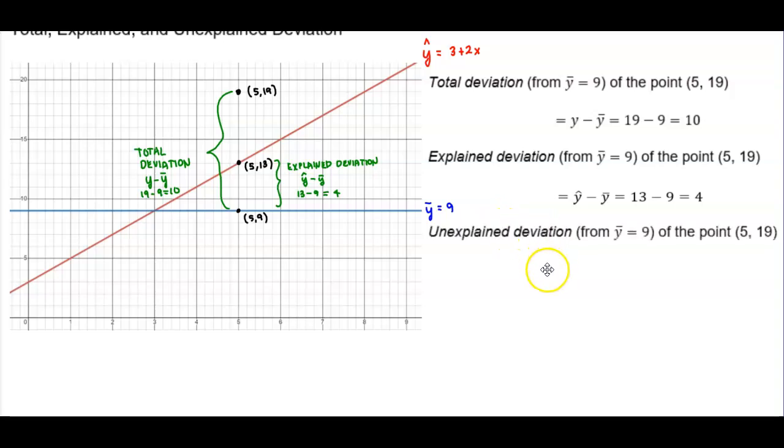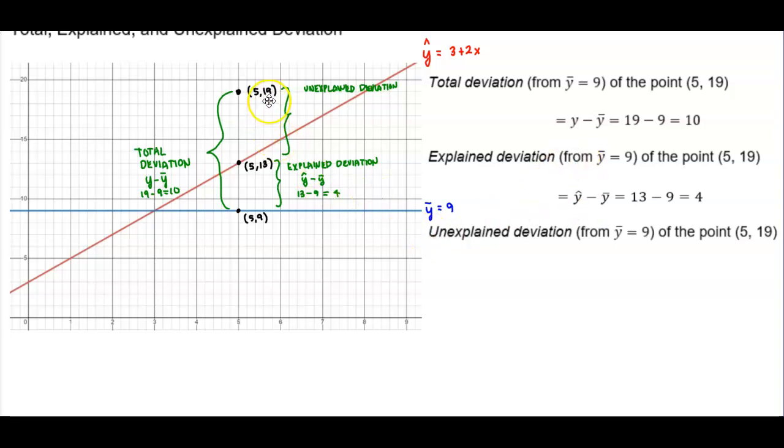Now the last thing we're going to do is look at the unexplained deviation. The unexplained deviation goes from (5, 19) to (5, 13). So this represents the unexplained deviation.